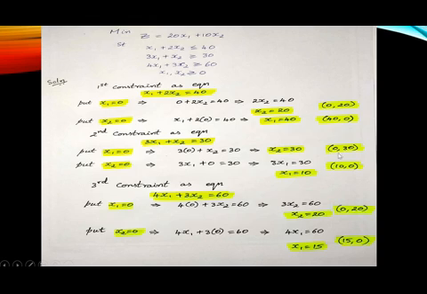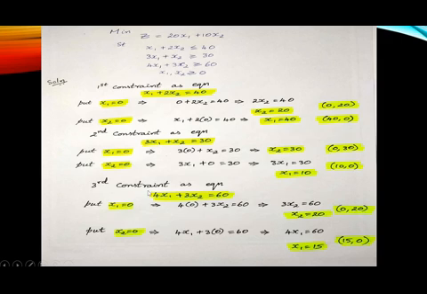The point that I get is 0, 30. Now I put x2 equal to 0. That makes the equation 3x1 plus 0 equals 30, which makes 3x1 equal to 30, which implies x1 equals 10. So the point that I get is 10, 0.